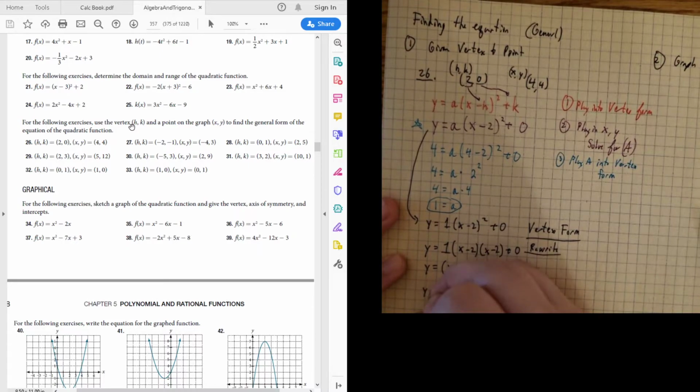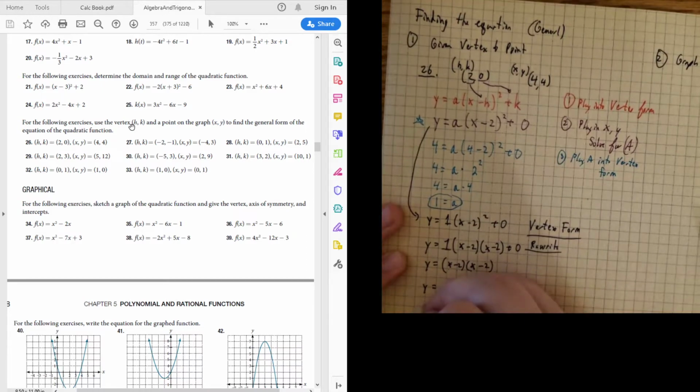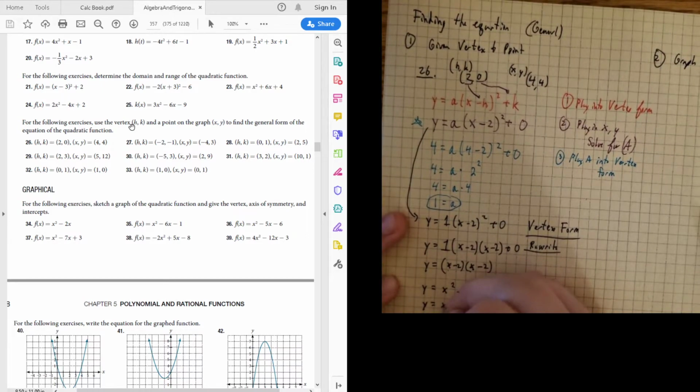So x times x is x squared. x times negative 2 would be negative 2x. Negative 2 times x is negative 2x. Negative 2 times negative 2 is positive 4. So I end up with y equals x squared minus 4x plus 4.